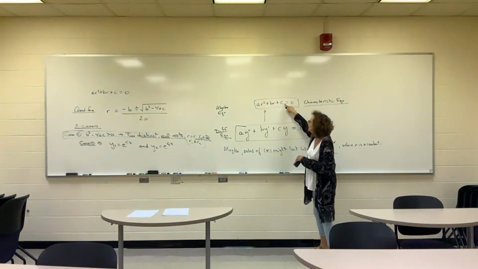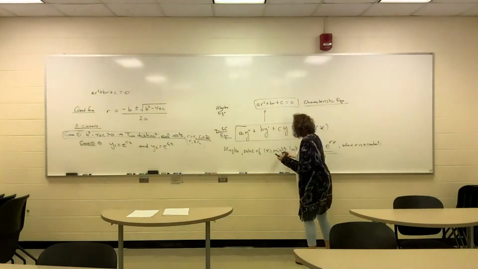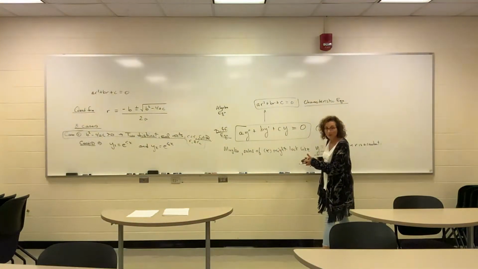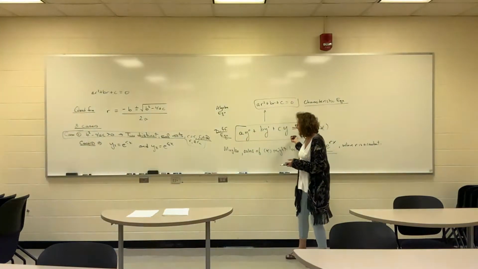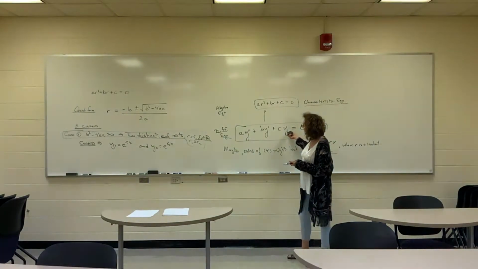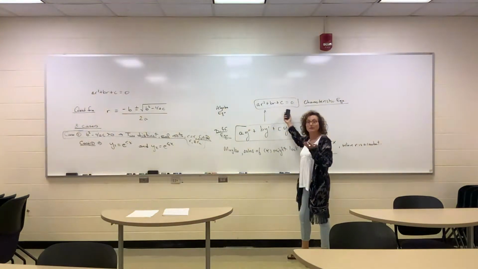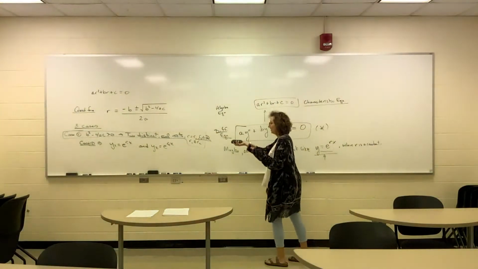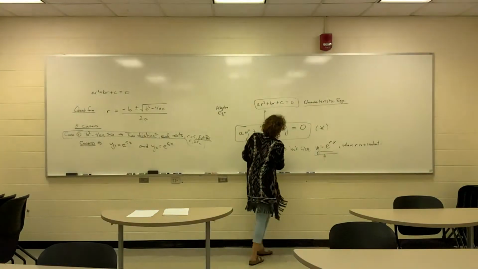Something to the 0 is 1, so there's really a 1 times this. So you don't have to do what we did each time. You look at a second order constant coefficient differential equation, write down the characteristic equation that goes with it, and then try to factor that and solve it to find the r's, right? Okay.